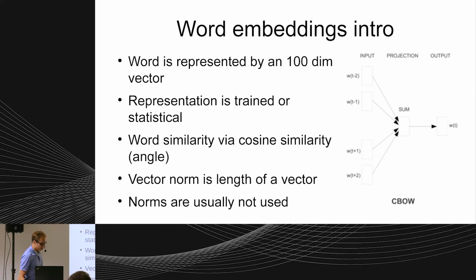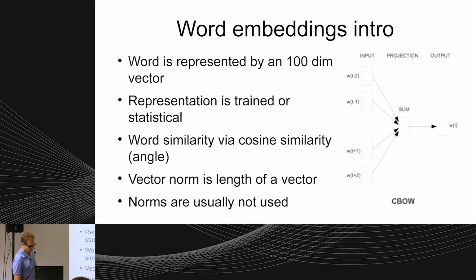So first, I will start with a short embedding intro. Words can be represented by vectors. Usually we use dimensions between 100 and 300. The representations can be derived statistically, but today they are usually trained.